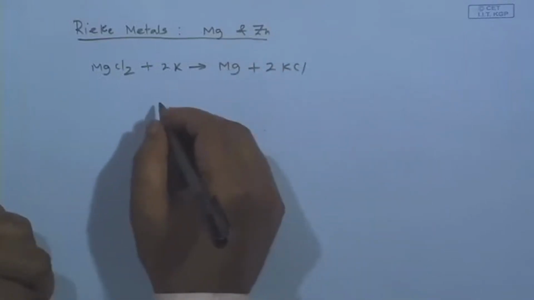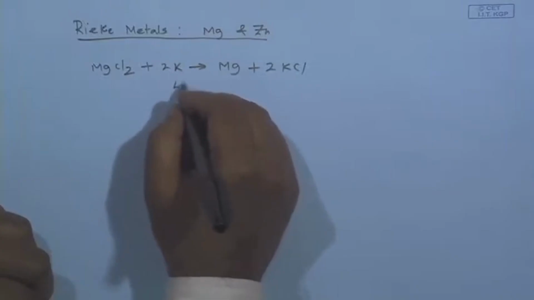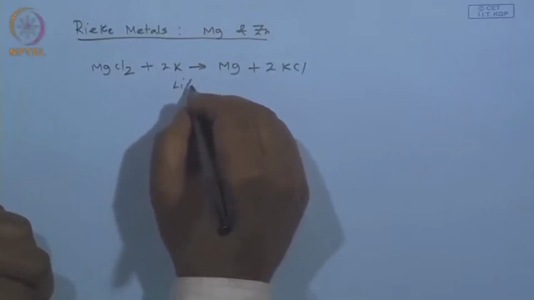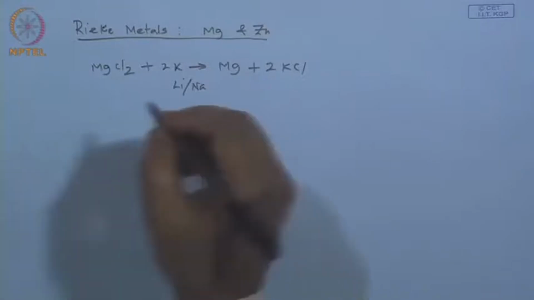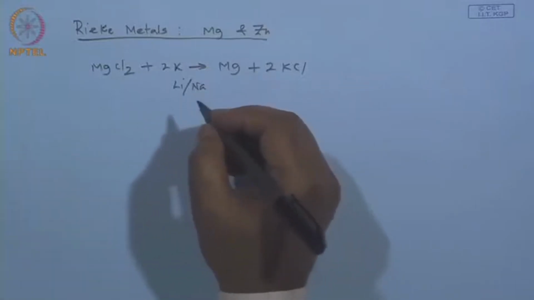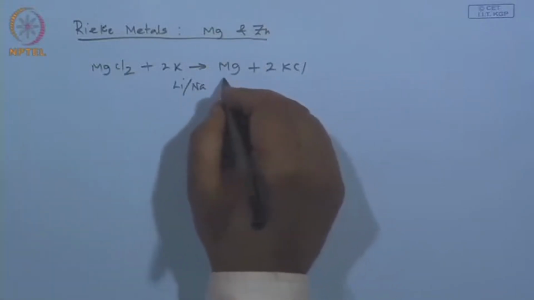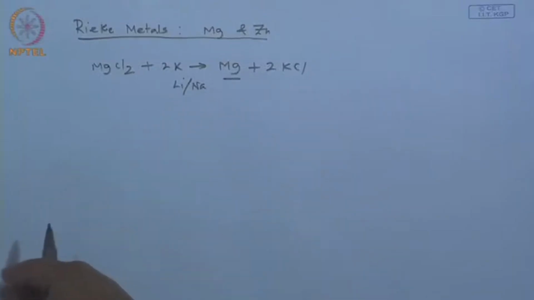In the place of potassium one can also use lithium or sodium. Probably the trick lies in the preparation or the conditions, but the net result is that you get this active magnesium. This active magnesium is used for the preparation of organomagnesium compounds.